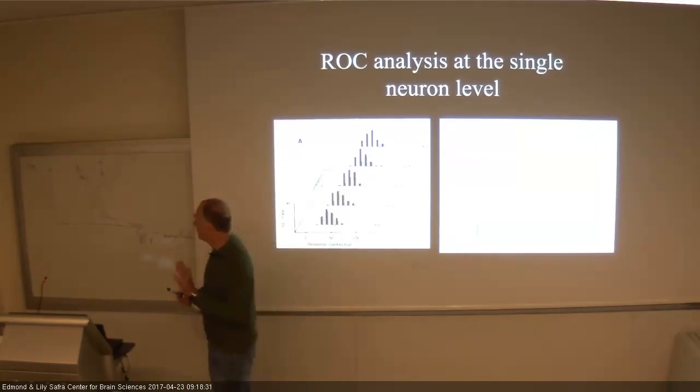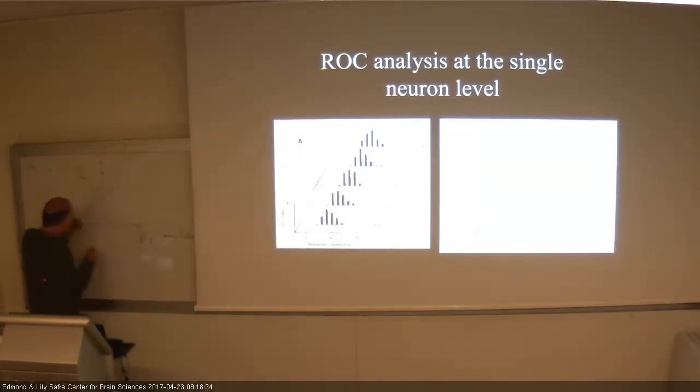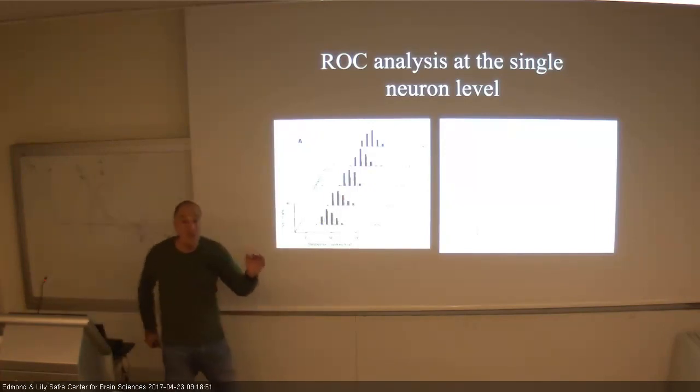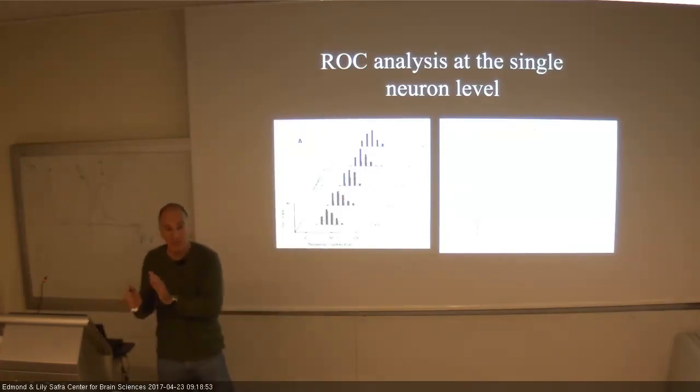So this is the criterion here, and you want to set your criterion according to the cost function, meaning the cost of one result versus the cost of a different result.